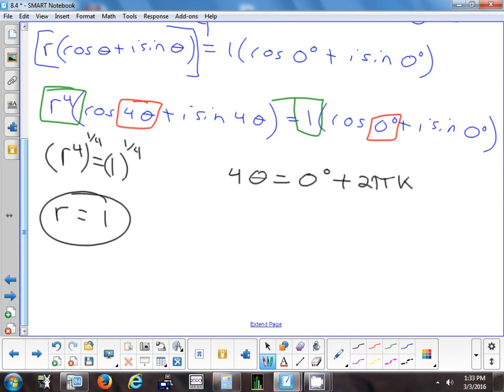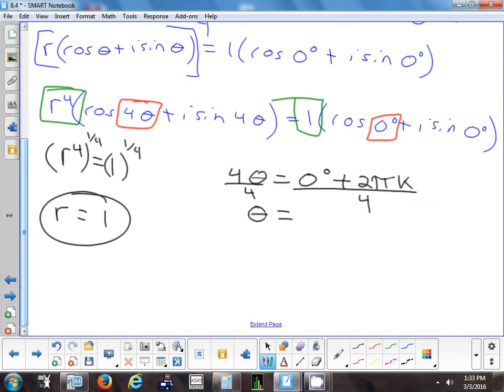Now, get theta by itself, and that'll tell us what our 4 answers for theta are. How would I get theta by itself? Yep, divide by 4.